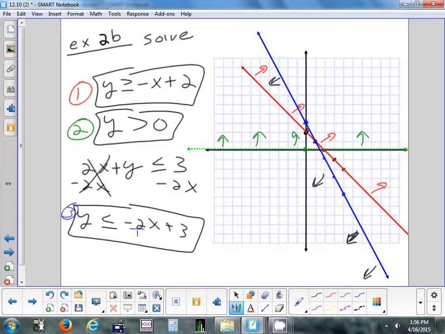Above the red, below the blue, and above the green. Okay, everyone see that? That's above the red, it's below the blue, and it's all above the green. Any questions on that?